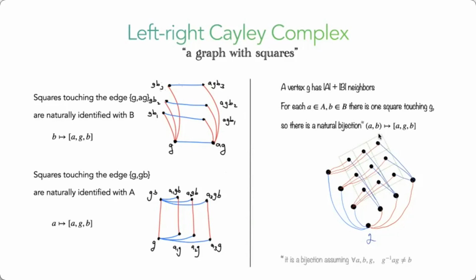And the green grid is supposed to give you a map of this A times B tableau. There's a question whether it's a bijection or not. It's a technical matter. If you assume something about the generators of these groups, then you get that it's a bijection, but it's not important.